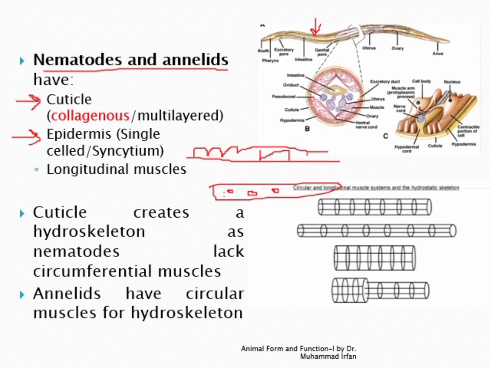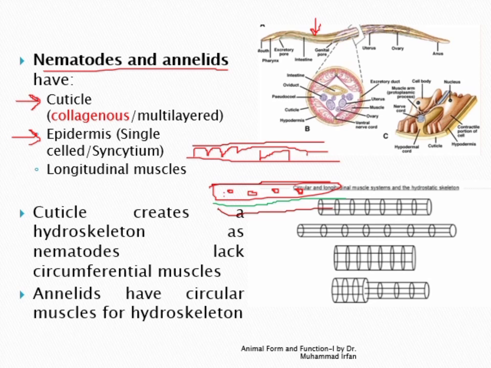So beneath the epidermis there is a layer of basement membrane, then a layer of connective tissue, and then the longitudinal muscle. On the surface of the epidermal layer there is another layer, the cuticle. Because nematodes and annelids are soft-bodied, their cuticle does not have polysaccharides like chitin.